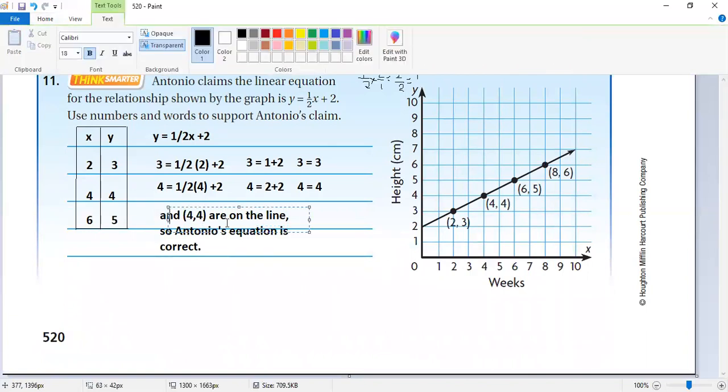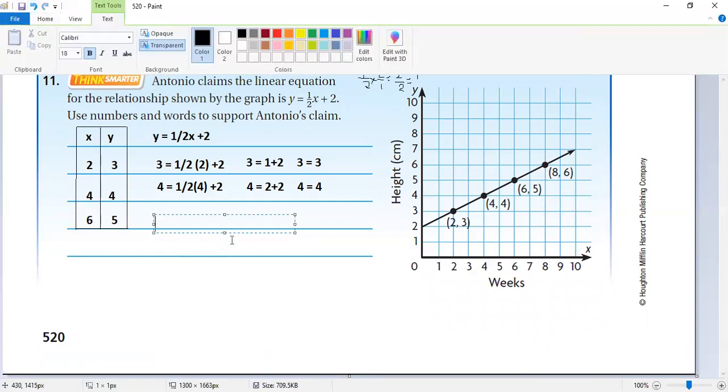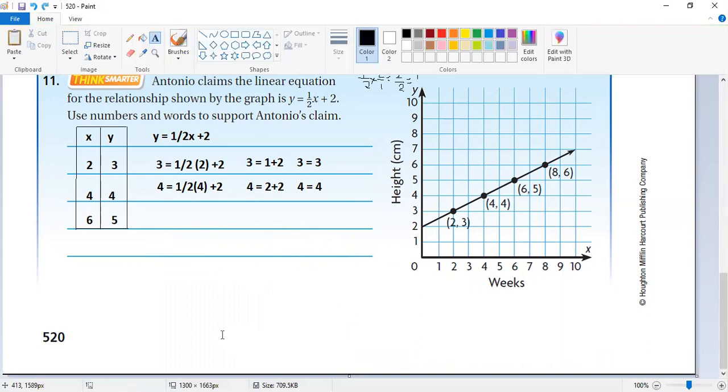You saw what I wrote there, right? I wrote that the points 2, 3, and 4, 4 are on the line, so Antonio's equation is correct. Please just write down what we wrote before.